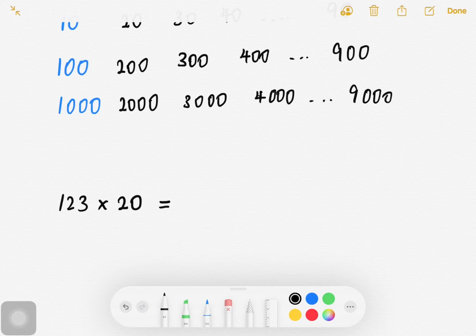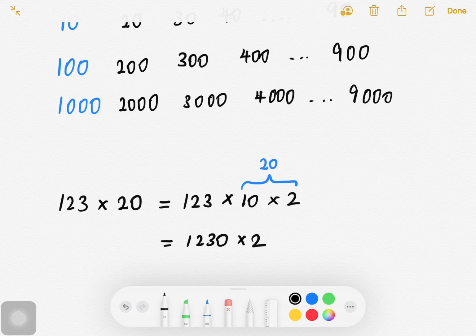I will express it as 123 multiplied by 10, multiplied by 2, because 10 times 2 is 20. 123 times 10 is actually 1230. And I multiply by 2, I will get 2460. This is for whole numbers.